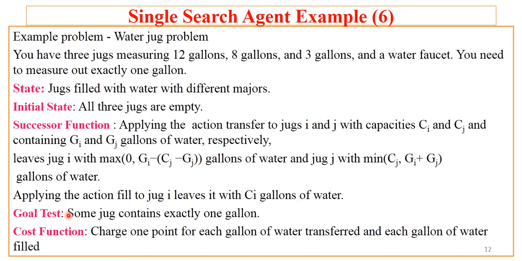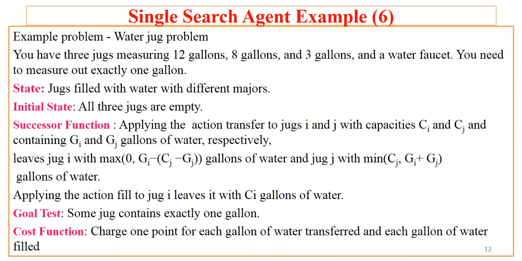Now the goal test is that some jug contains exactly 1 gallon of water. And what is the cost function? Charge 1 point for each gallon of water transferred and each gallon of water filled. Why? Because you need to perform this task within a very specific time, and that too with a minimum number of transfers.